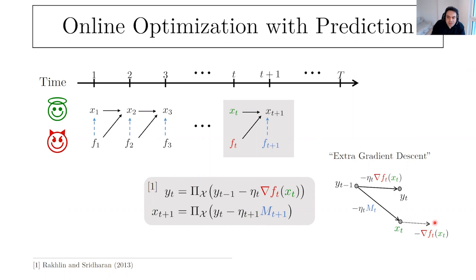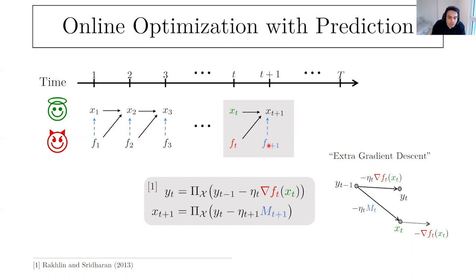We look at the gradient of the previous losses there, and we take the next step based on the previous gradient. This extra gradient descent turned out to be very powerful to exploit the information of the current loss function.